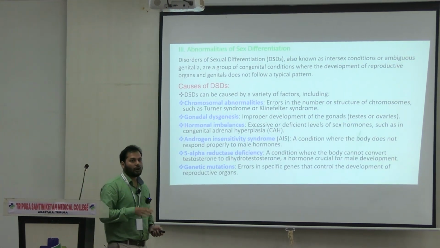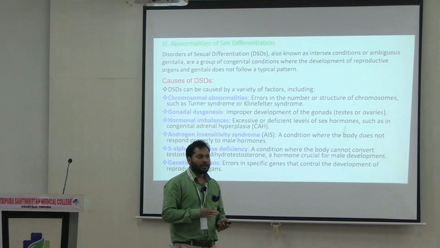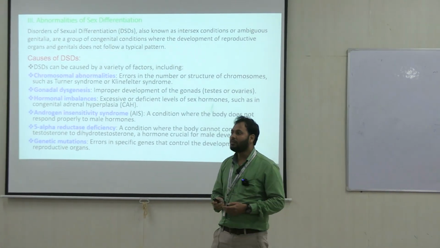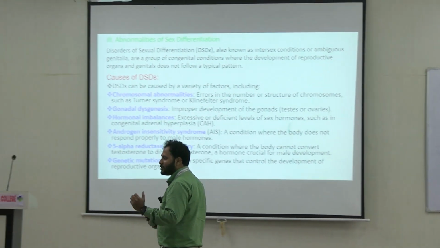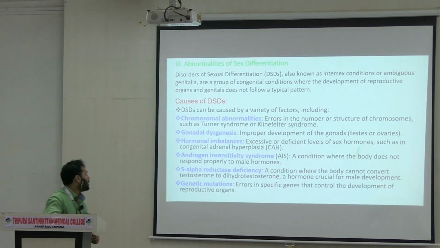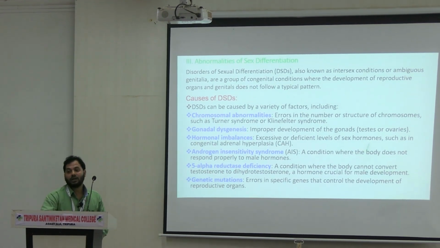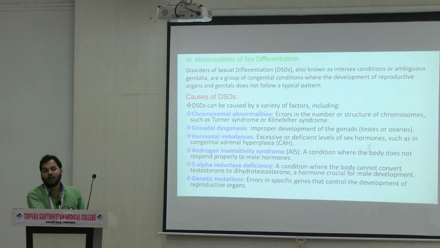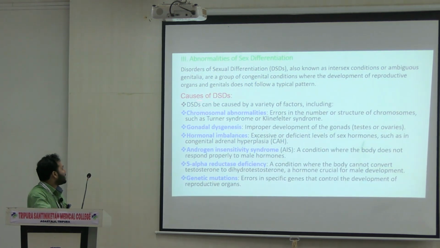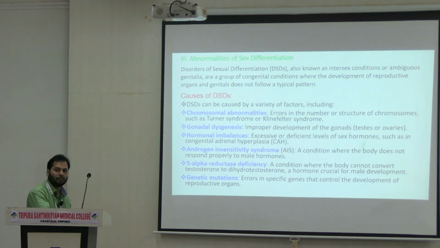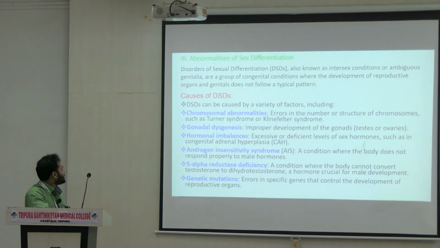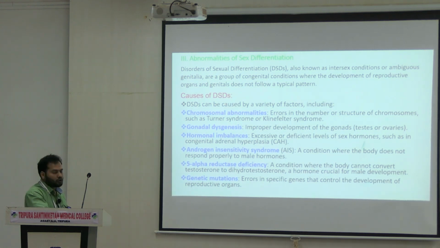Now see, as I've already mentioned, regarding some abnormalities, what are the most important abnormalities involved with the differentiation of the gonad? And what are the most important factors that affect the differentiation process? Yes, there are certain factors and there are some causes of these abnormalities, mainly disorders of sexual differentiation.